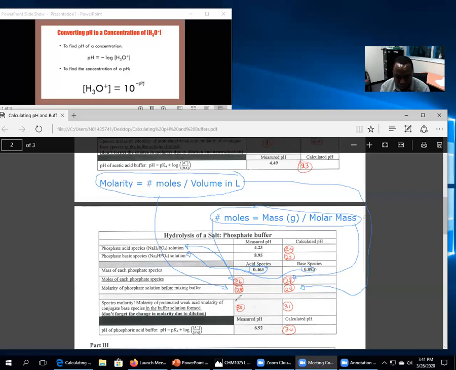But first, how do we find the molarity of each species? Molarity of each species. If you look at part D on page 146, look at part D on page 146.